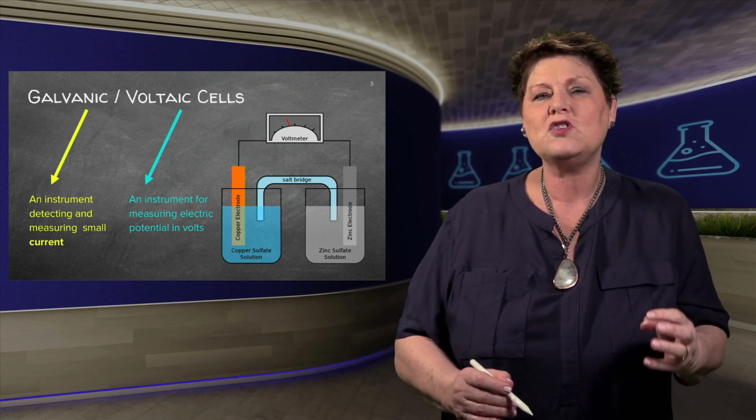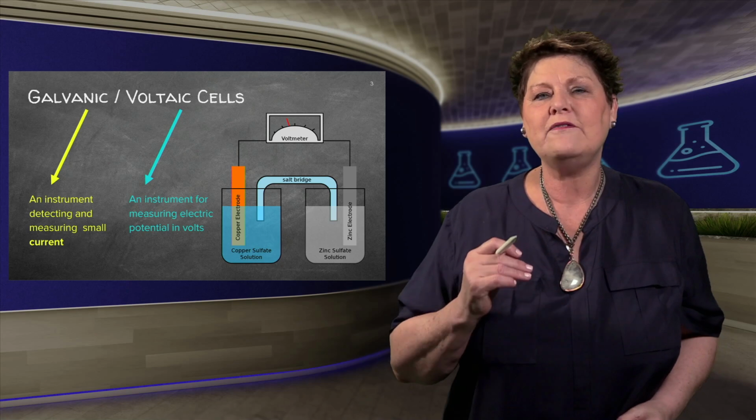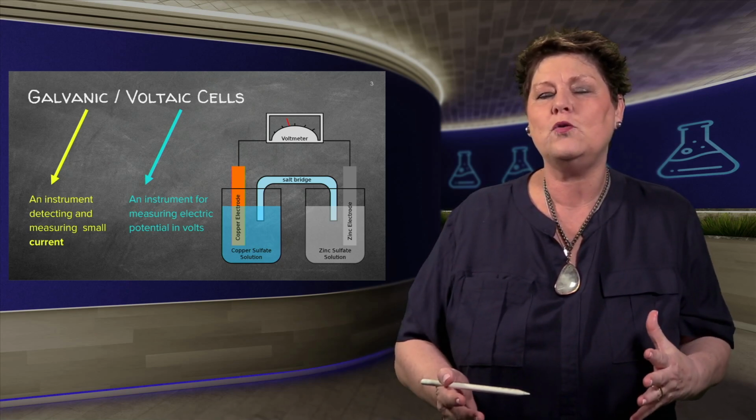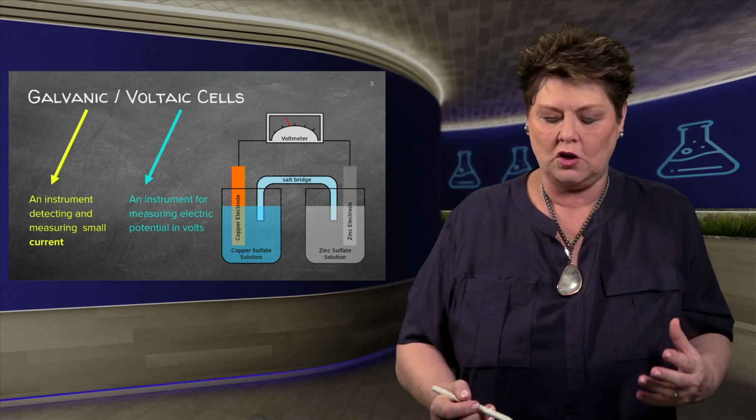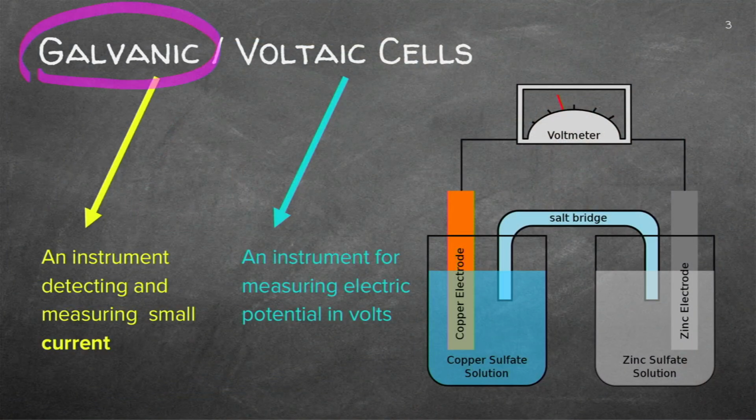Now, some textbooks say galvanic, some will say voltaic, and I just want to quickly show you the difference between those two concepts. When I've got galvanic cells, I use a galvanometer. A galvanometer measures very small current, a very fine measurement of current. But all it will tell me is that there's electricity flowing, that the electrons are flowing.